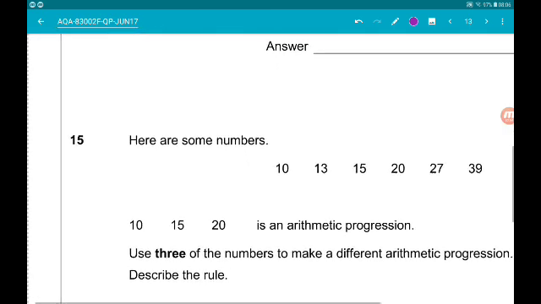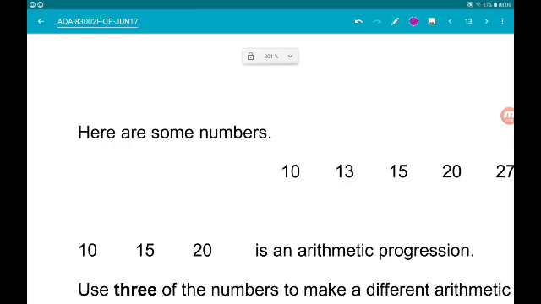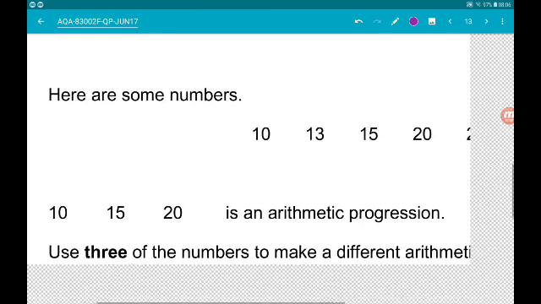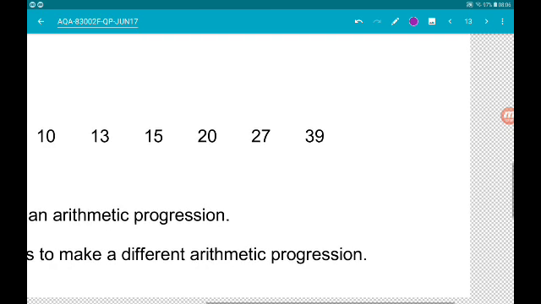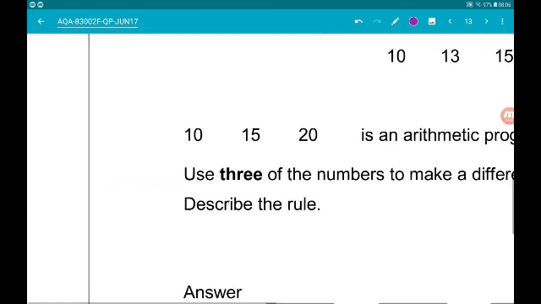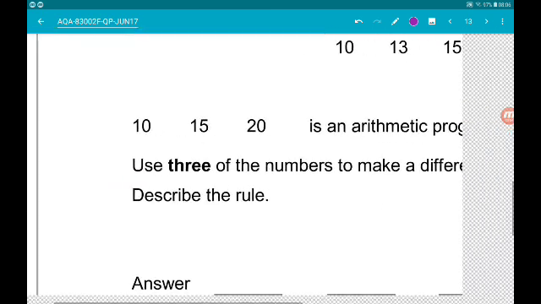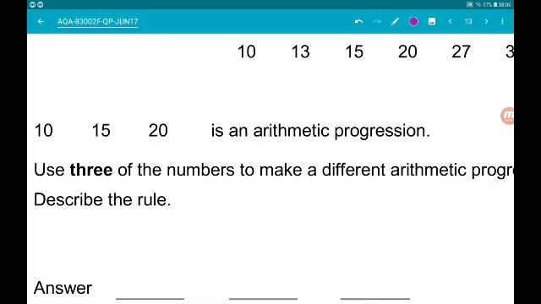Okay, number 15. So, here are some numbers. 10, 15, 20 is an arithmetic progression. Now what that means is, arithmetic means we are adding the same amount to get from term to term.